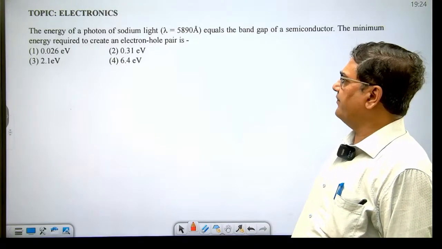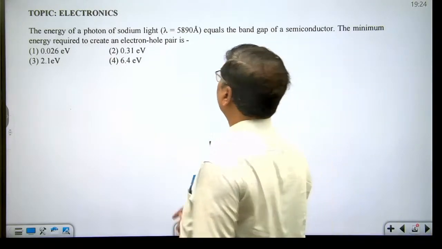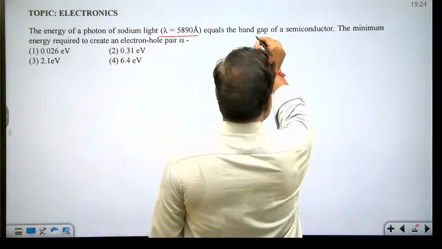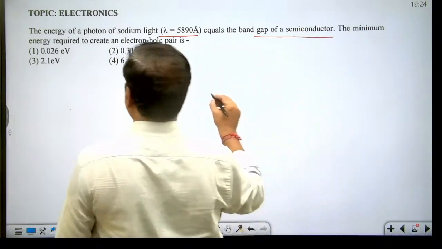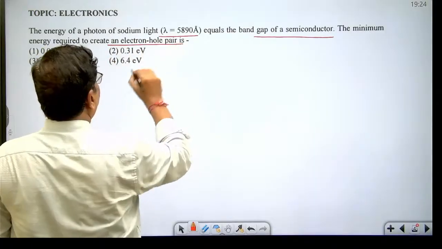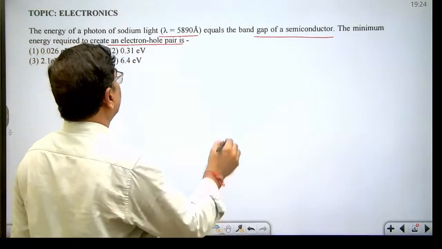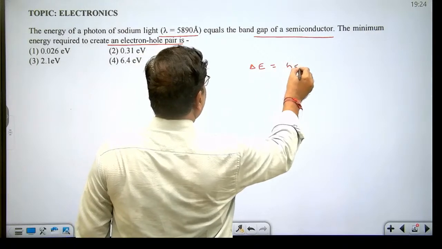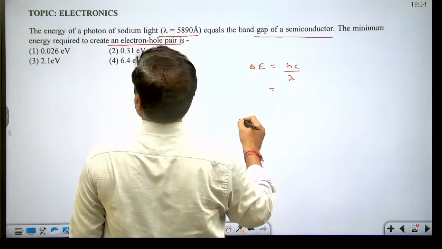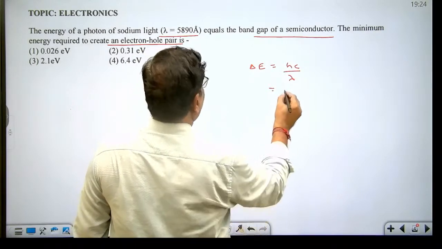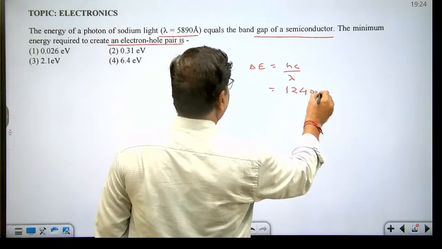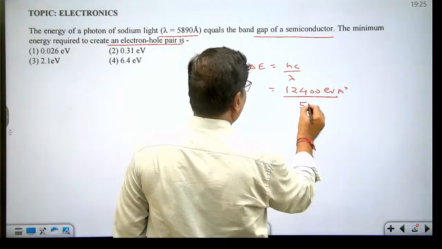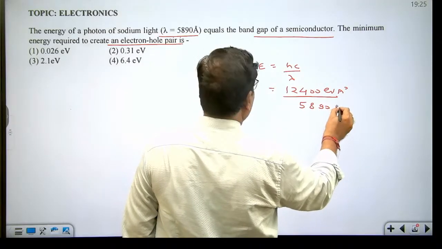The energy of a photon of sodium light, lambda equal to 5890 angstrom, equals the band gap of a semiconductor. The minimum energy required to create an electron hole pair is? Minimum energy required is hc upon lambda, because this is the band gap. hc is 12,400 electron volt angstrom, and this is 5890 angstrom.